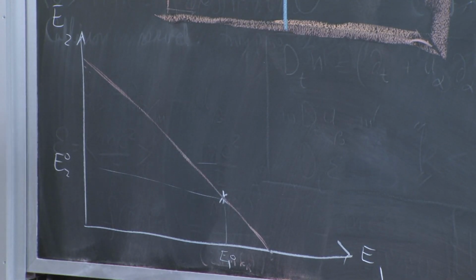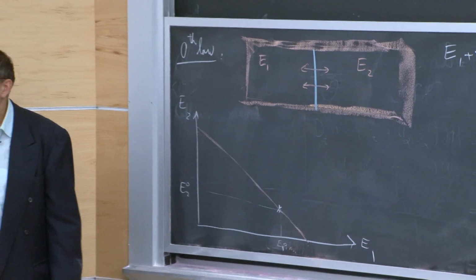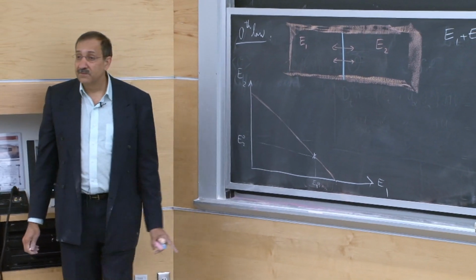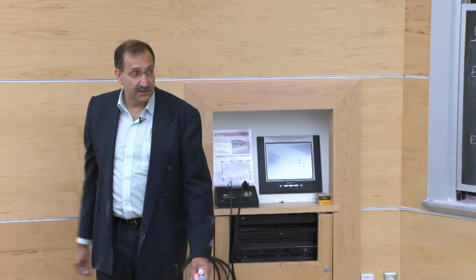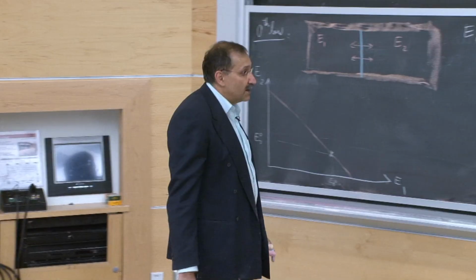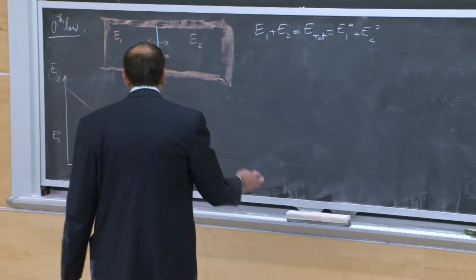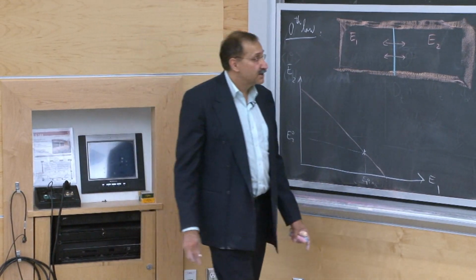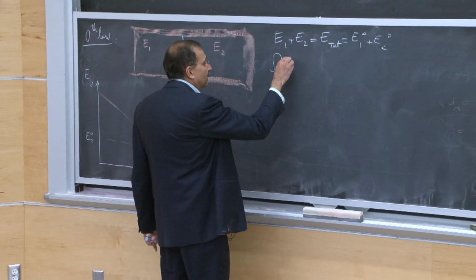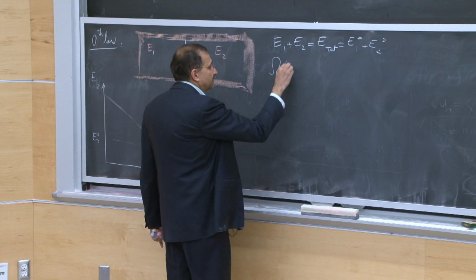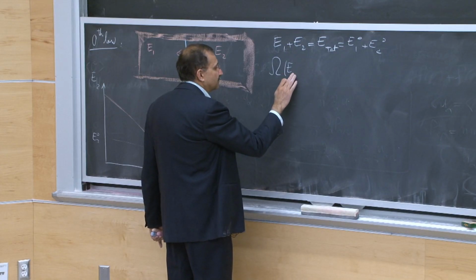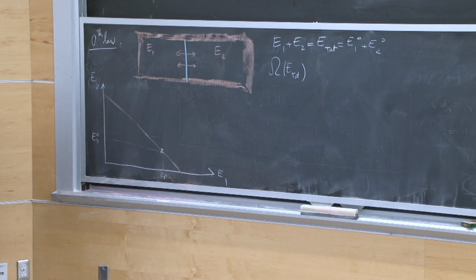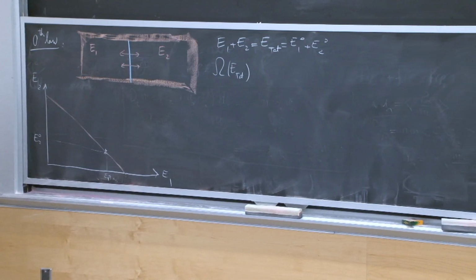So once I remove the constraint that E1 is fixed and E2 is fixed, they can exchange. They explore a whole bunch of other states that are available to them. And I would probably say that the probability of the microstates is the same, up to some normalization. The combined system 1 plus 2 is a microcanonical ensemble with energy E total.